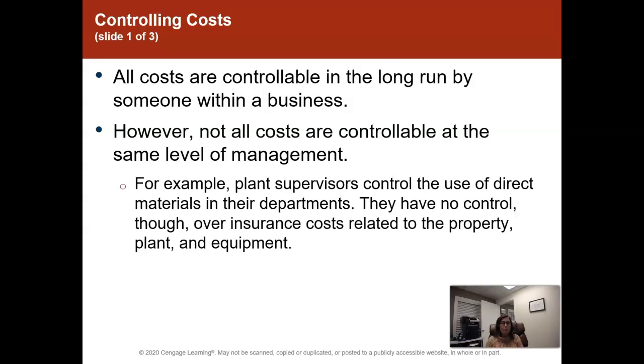You may not be the person who decides what you're going to pay for an item, but how long you let the machine run after you're done using it. Those are all things that ultimately will cost a company money and are within your control.